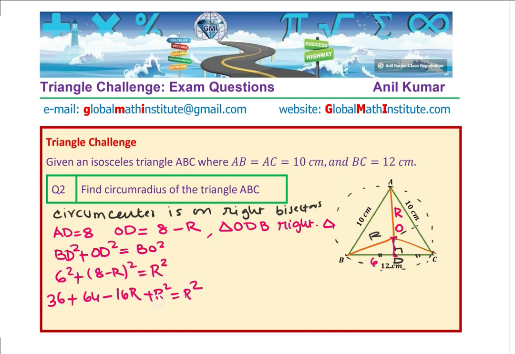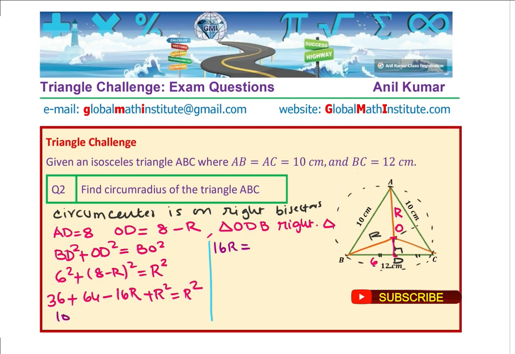So taking this R square on the right hand side, it gets cancelled, so we can find what 16R is, correct? So we have 16R is equal to 36 plus 64, right? 36 plus 64 is 100.